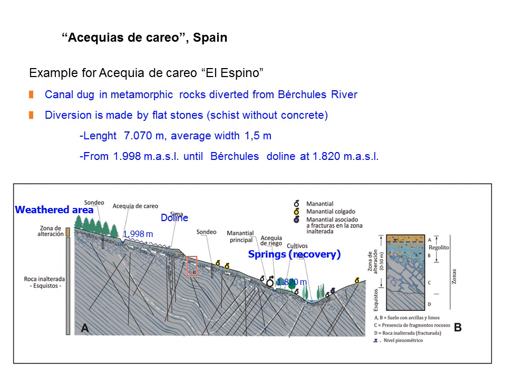The diversion is made by stones and skids layer without any concrete. Here are some specific data of this example, and the most important, water is moved across the weathered area or across the interconnected faults in the rocky massif.